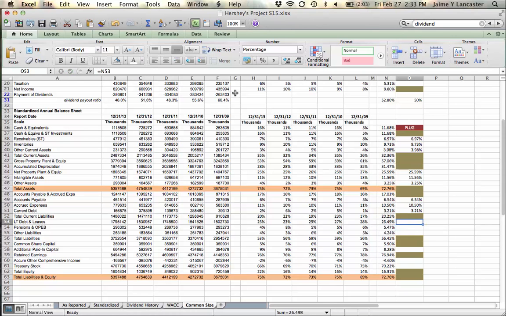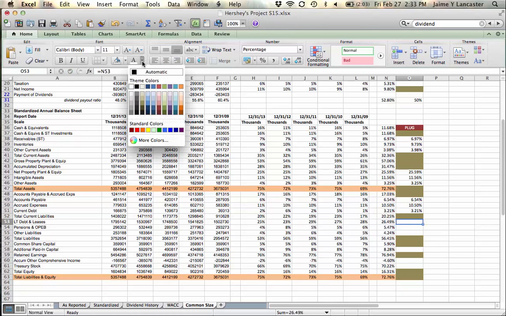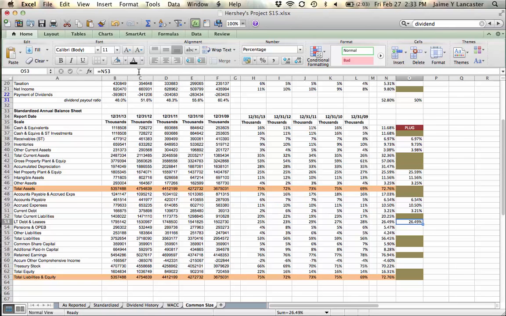If you see a trend here, even not necessarily as a percentage of sales, but if you see a large trend here, say you went from 13,000 to 19,000, you might want to use a growth rate, and in that case I'll show you how to do that when we look at sales growth. Other liabilities can be a percentage of sales. I'm sorry, that was pensions. Other liabilities, a percentage of sales.